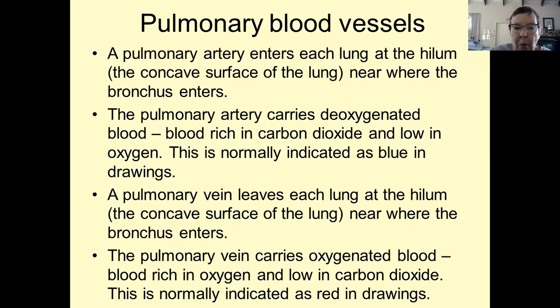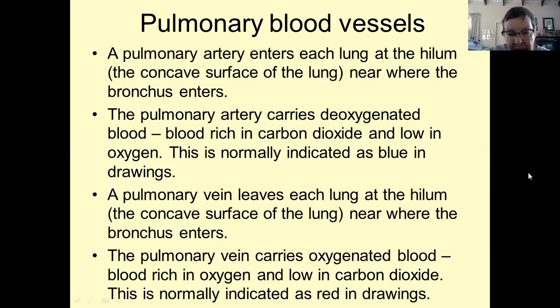Right, so a pulmonary artery from the heart enters each lung at the hilum, just next to where the bronchus enters each lung. Pulmonary artery, I said to you, carries deoxygenated blood, in other words, blood that is rich in carbon dioxide and low in oxygen. And in drawings, they're normally indicated as blue, obviously.